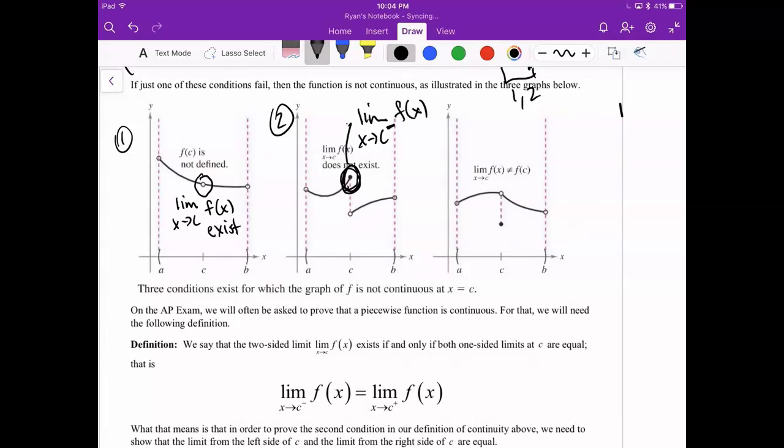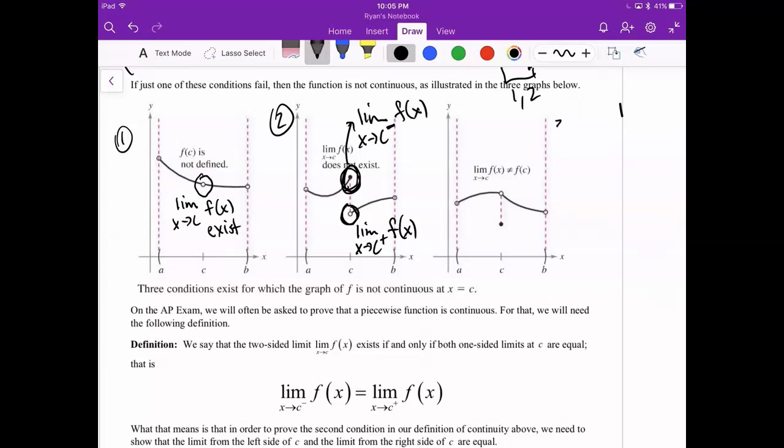The limit as x approaches c from the right, which I denote with a plus sign, is down here, whatever that y value is. Because those two one-sided limits are not equal, we say that the two-sided limit does not exist. I'll explain that a little lower in the notes when we get to the definition.